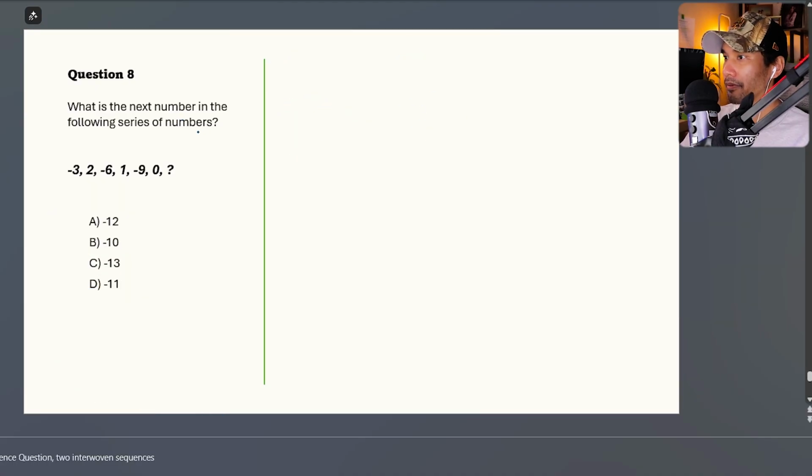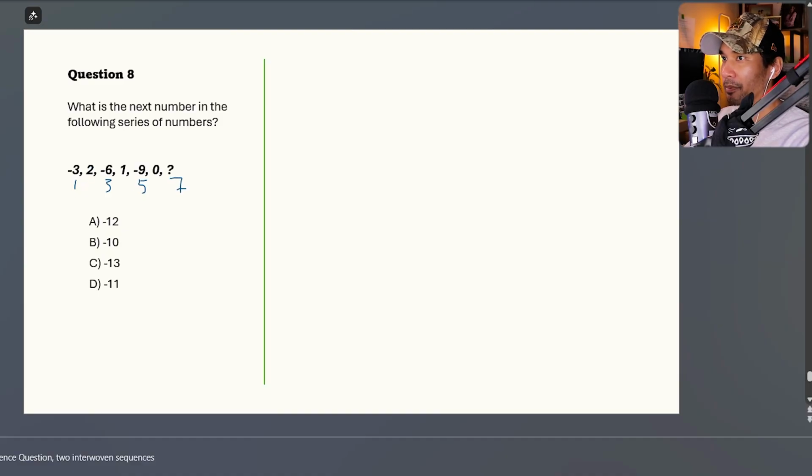What is the next number of the following series? Okay, so this one could be hard. And I did put this as hard, but it's not really hard just looking at it, okay? Just from looking at it, I could see that there's a pattern here on the even numbers or the odd numbers, 1, 3, 5, and then we're trying to figure out 7.